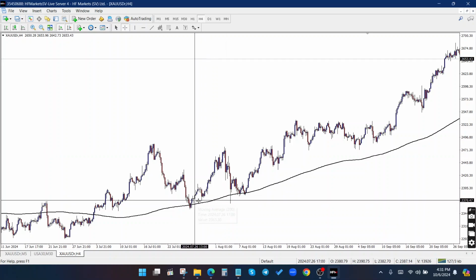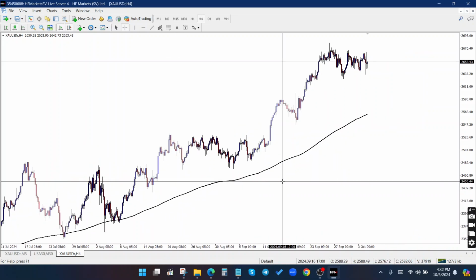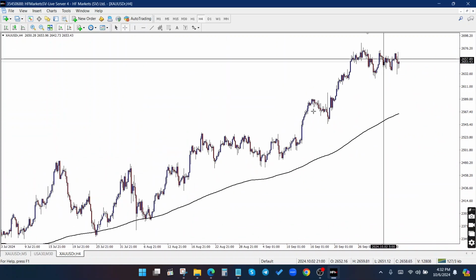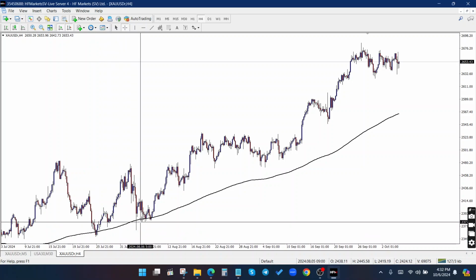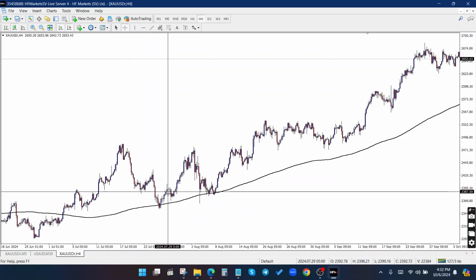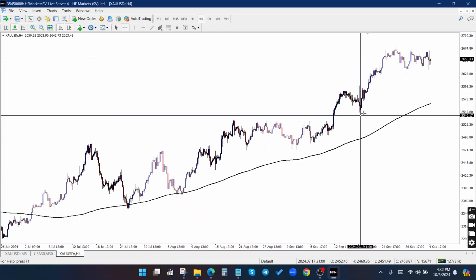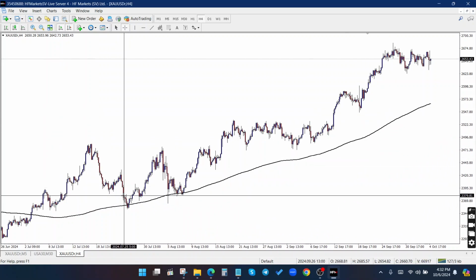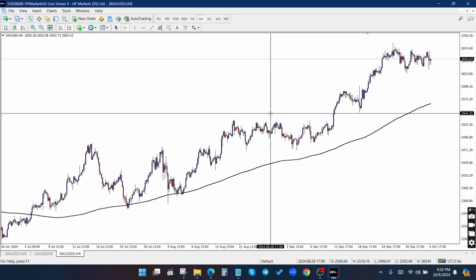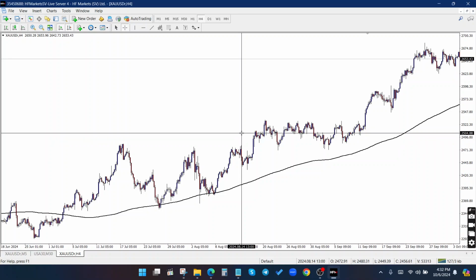These would have been potential buy opportunities here, another one here, another one here, another one here. That is in one single bullish trend. We can have multiple buy opportunities because every time that the price bounces off the 200 EMA, it's an indication of a buy signal, because the 200 EMA serves as a dynamic support and resistance level.